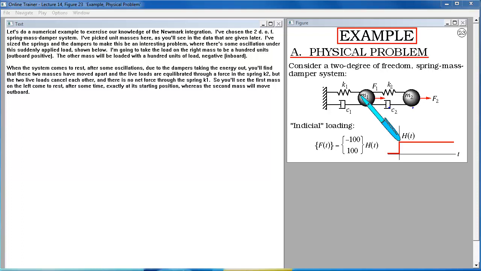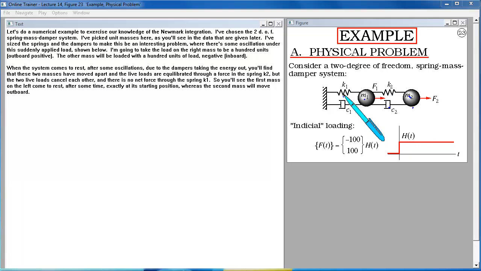When the system comes to rest after some oscillations due to the dampers taking the energy out, you'll find that these two masses have moved apart and the live loads are equilibrated through a force in the spring K2, but the two live loads cancel each other and there's no net force through the spring K1.